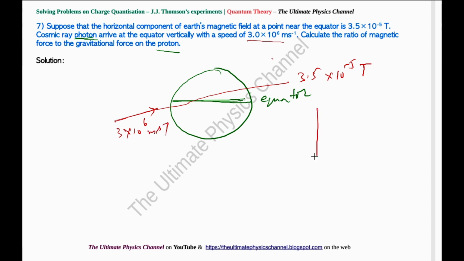So you have protons arriving in this direction, and the magnetic field in this direction, Earth's magnetic field. These two directions are perpendicular to each other. Calculate the ratio of the magnetic force to the gravitational force on the proton.